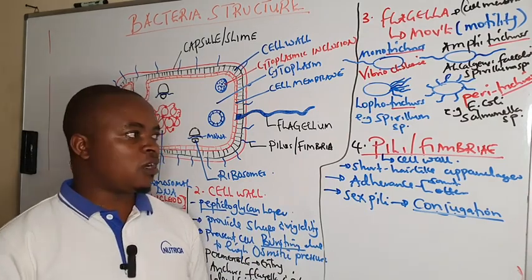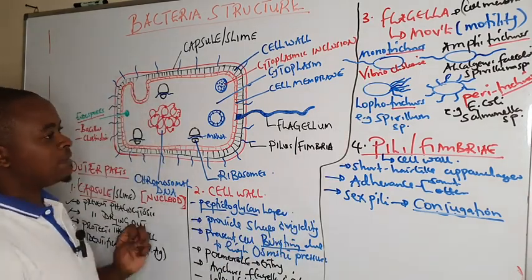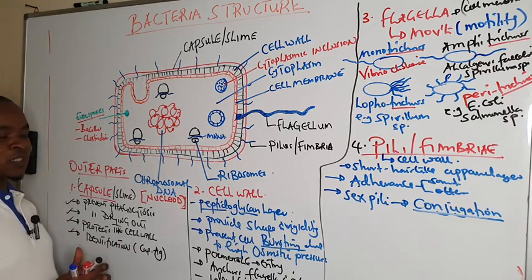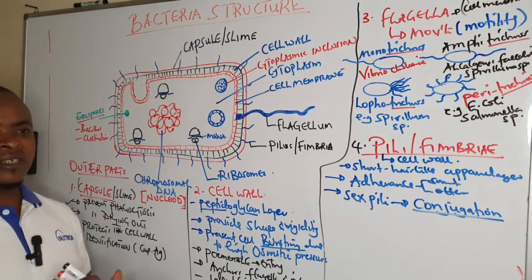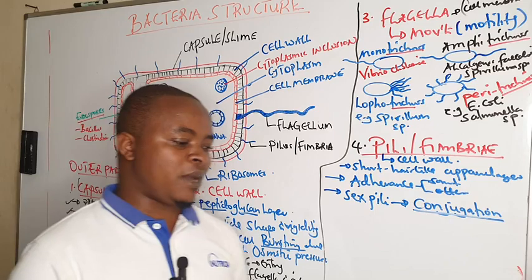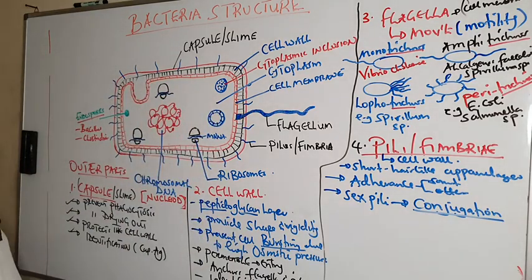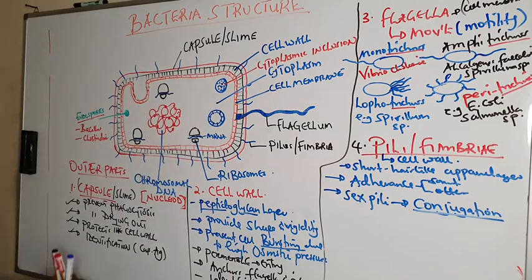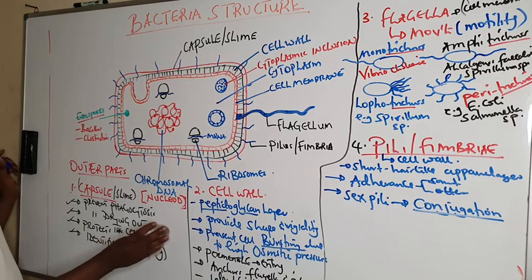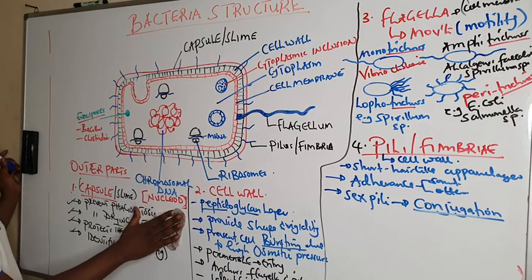So as students, you have to master all the functions of these parts, which constitute the outer part of the bacteria. After appreciating the outer part, let us now end with the inner parts of the bacteria. These are the parts which we find in the cytoplasm.